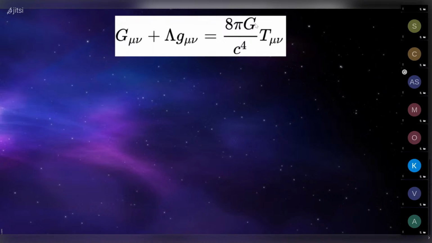So T mu nu is the stress-energy tensor, which is caused by the matter, that is the mass present in spacetime, and G mu nu is the Einstein tensor, representing the gravitational field generated by that mass. We can't go into detail on this field equation because of the time constraint I mentioned earlier. So what this equation gives is it relates matter with the gravitational field.